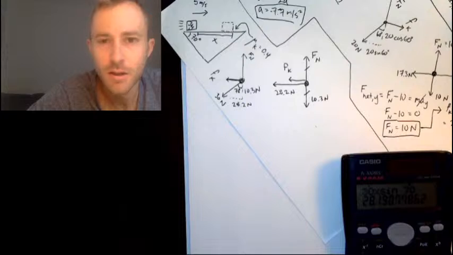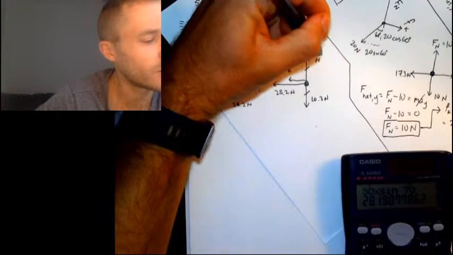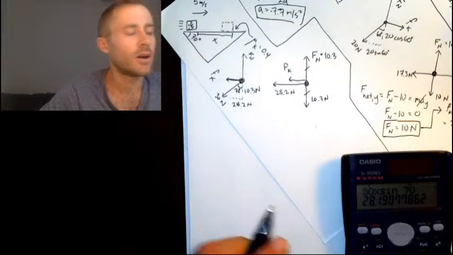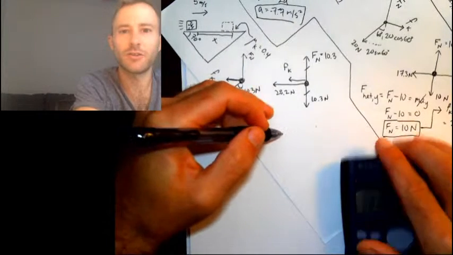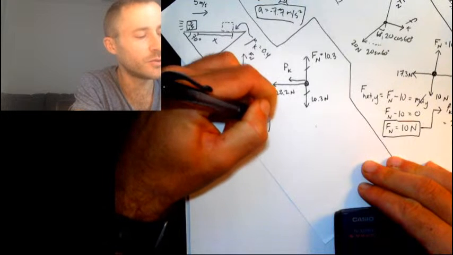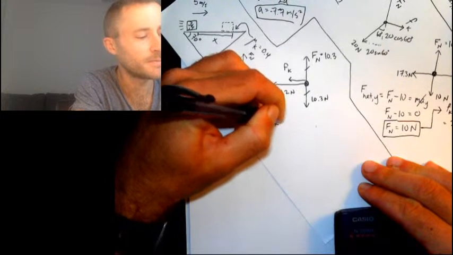Okay? So that means that the normal force is 10.3, which allows me to get friction. F sub k is mu sub k times normal.